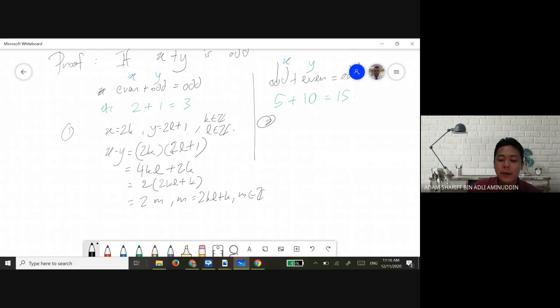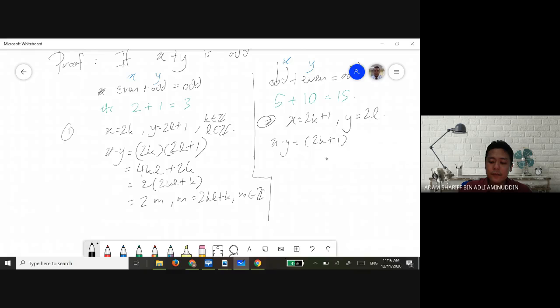Alright. So for the first case where X is even, then Y must be odd. Therefore, the multiplication will be even. For the second case as well, follows the same logic. Different is just the first one is odd and the second one is even.